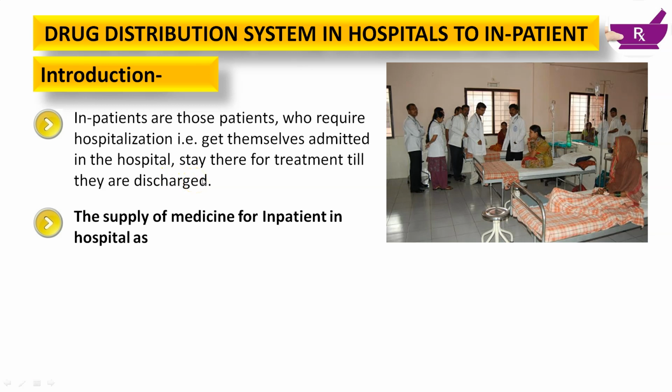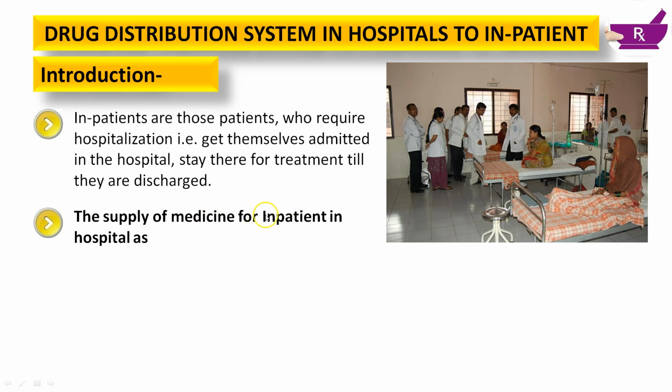You can see the image of the inpatients. They are getting admitted to the hospitals and being treated by the doctors. You can see the doctors, all the physicians and other healthcare providers like nurses. They stay there up to the recovery, and after they get well, they'll be discharged from the hospital.